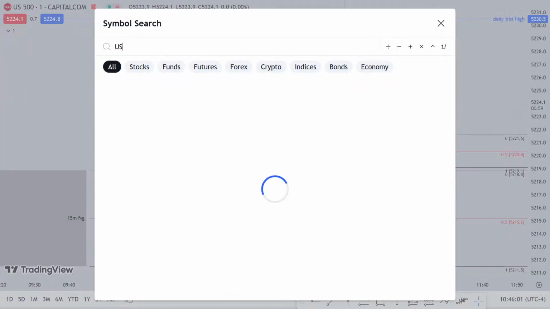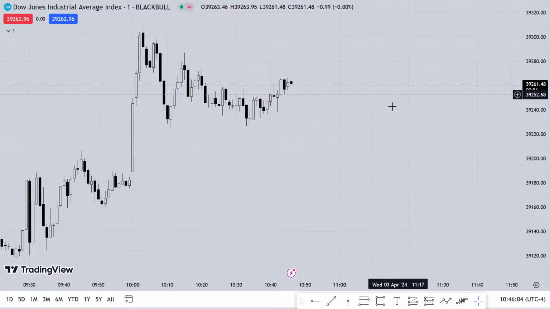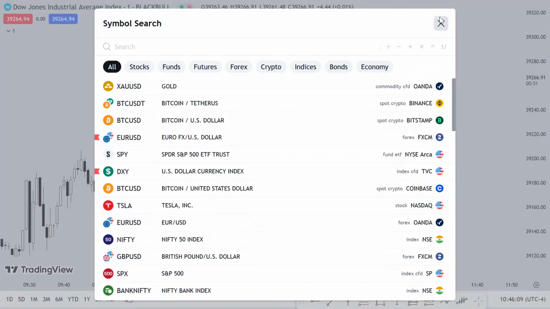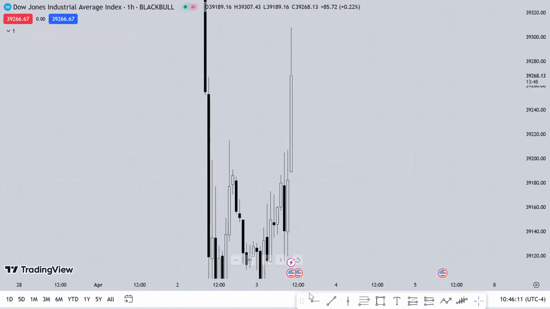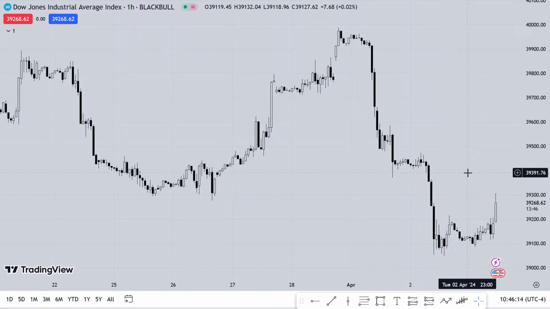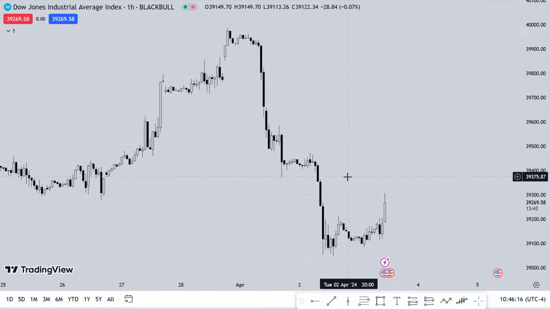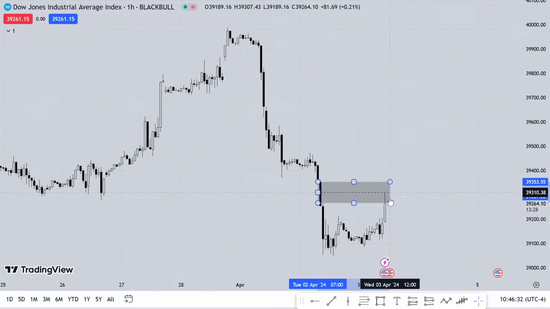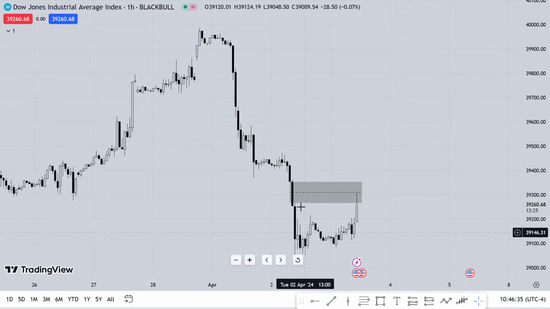Let's see the US 30. So we traded back up into this imbalance here.